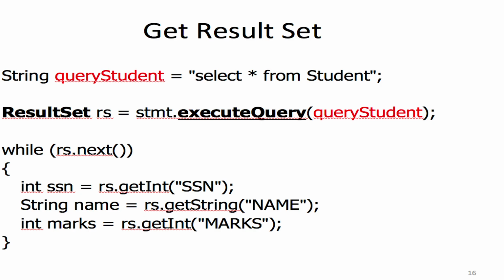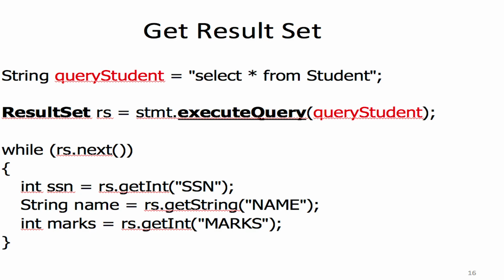And ResultSet rs equals statement.executeQuery, with the select asterisk from student stored in the queryStudent variable as the argument. So this is the fourth line, ResultSet rs equals st.executeQuery.